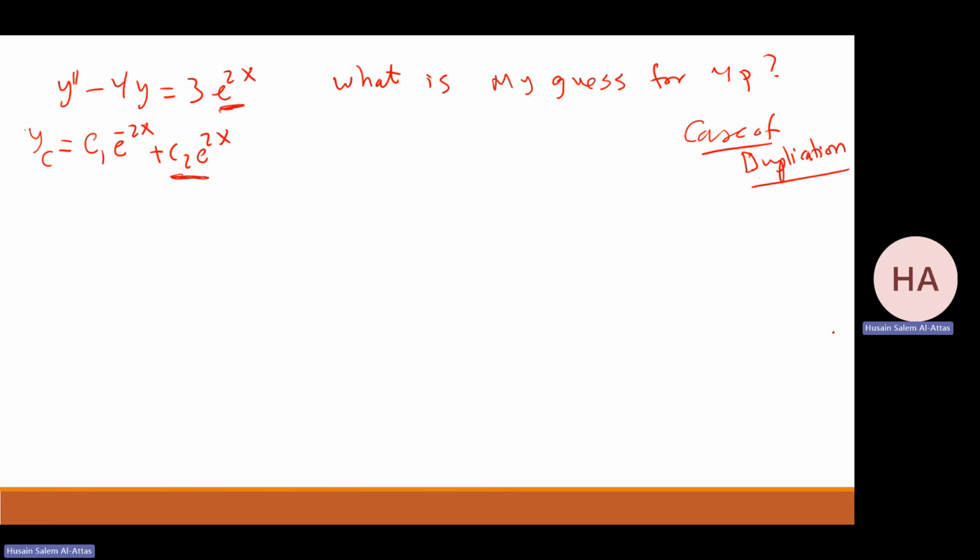You remember, if we gave you something like 3e to the power 2x, we say this is a solution. Find the differential equation. How to do that? We try to find the root. What will be the root? For sure, the root is 2. That's what I need.